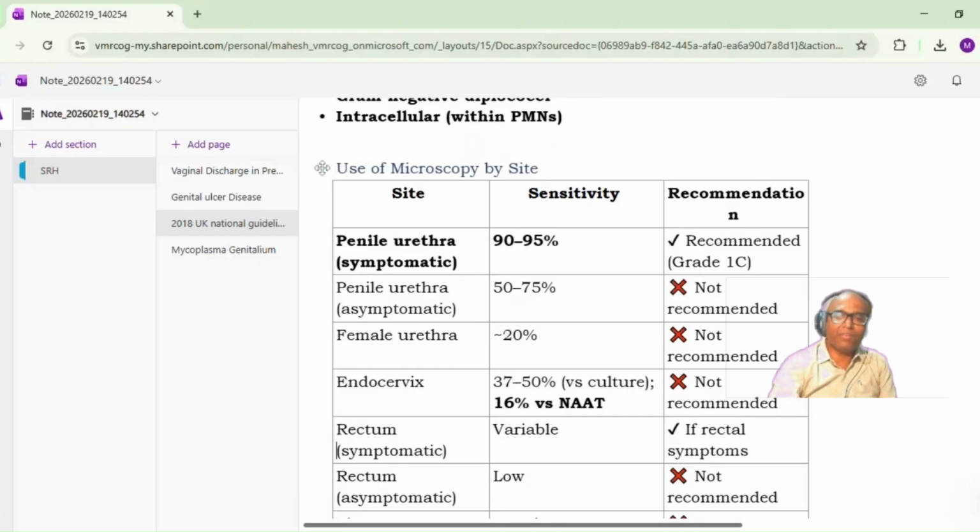When we are using microscopy, what should be the site for specimen collection? For microscopy, it is the penile urethra if the patient is symptomatic, in 90-95% of cases.